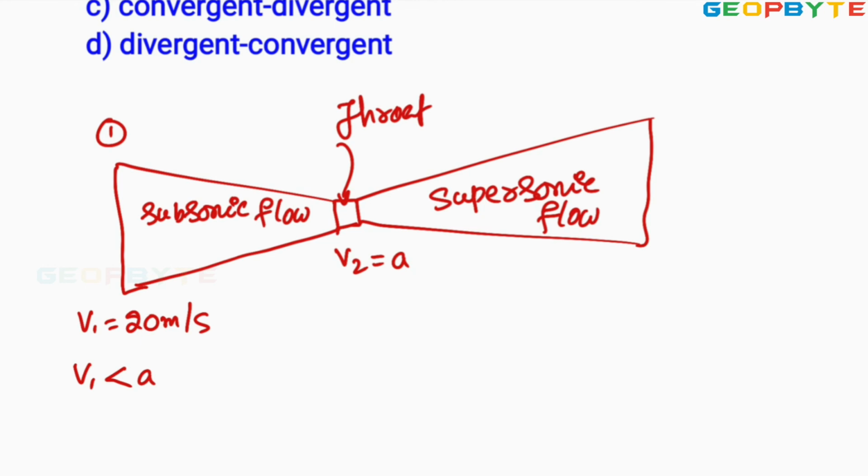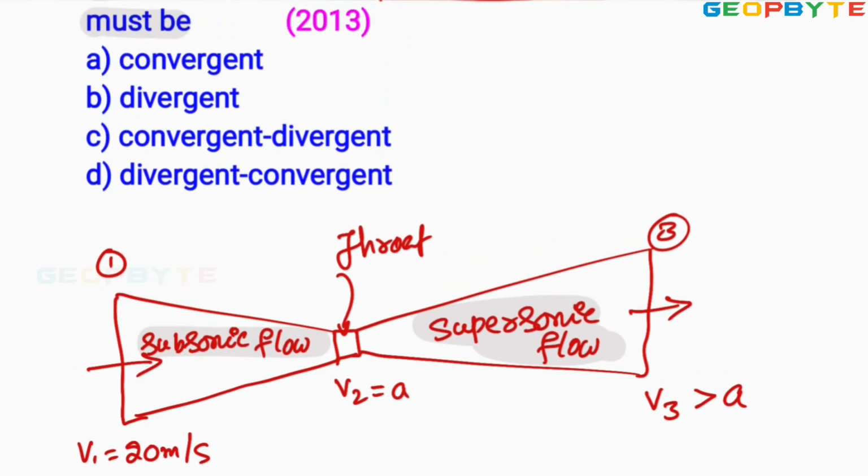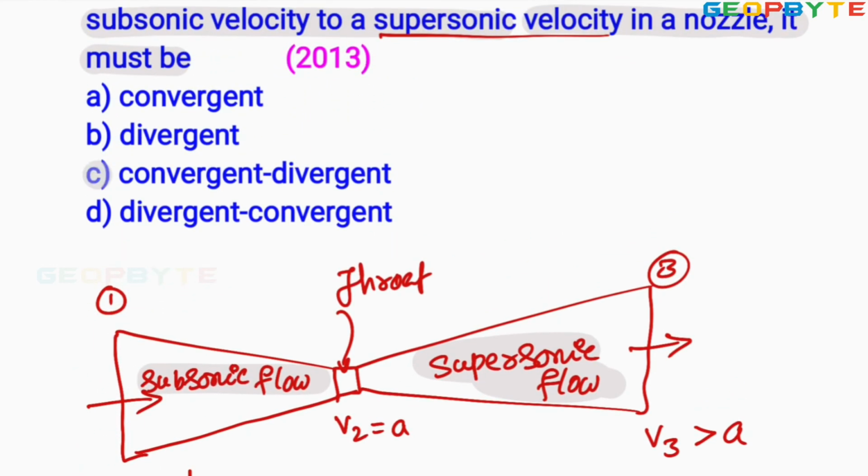If I assume this is state 3, the velocity V3 is more than sound velocity. So to increase the velocity from subsonic to supersonic, definitely the nozzle must be a converging diverging nozzle. Therefore, option C is absolutely correct.